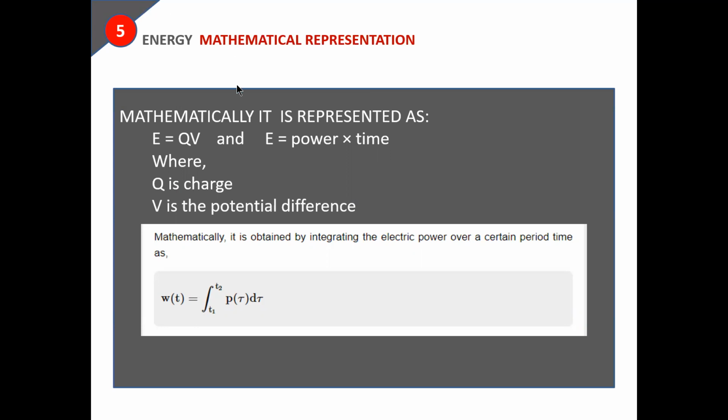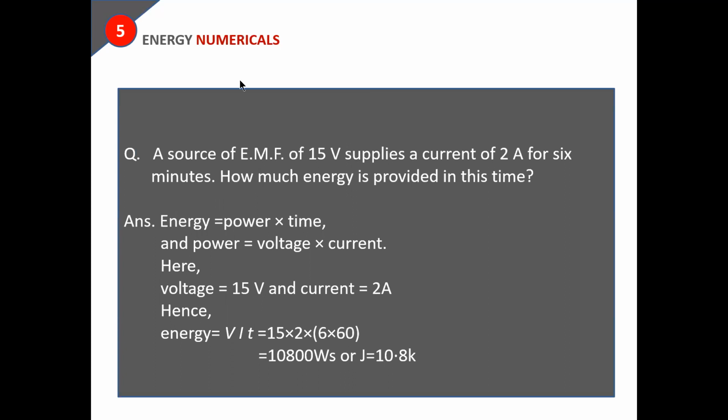A source of EMF 15 volts supplies a current of 2 amperes for 6 minutes. How much energy is provided in this time? We know that energy is equal to power into time and power is equal to voltage into current. So voltage is 15 and current is 2 amperes.